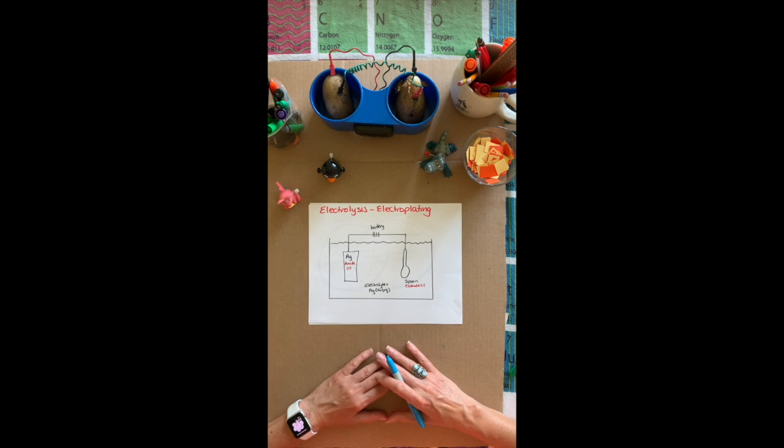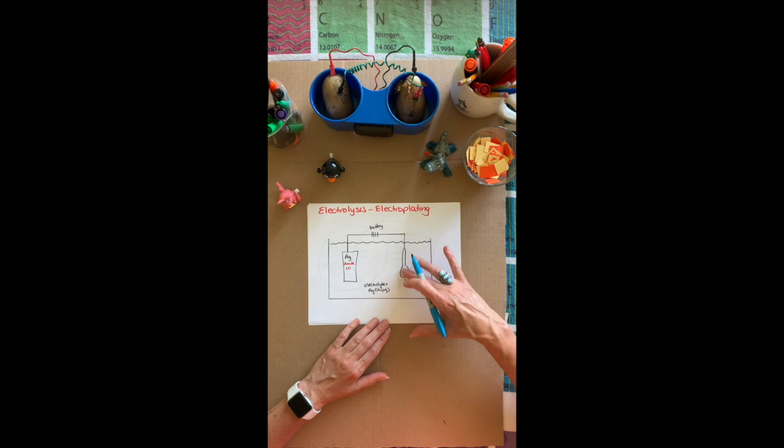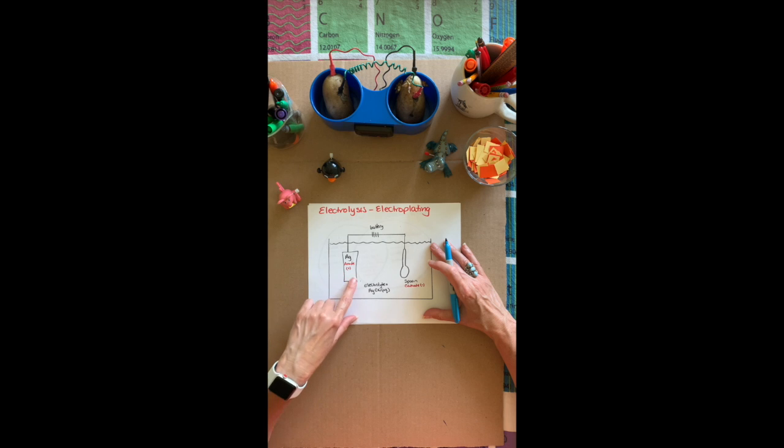Okay, let's look at another example of electrolysis. This is when we would want to take an object and coat the surface of that object with a desired metal. So I've got my little spoon here, and the spoon is acting as the cathode. It's the negative end. I also have a piece of solid silver. That's the anode, the positive anode.